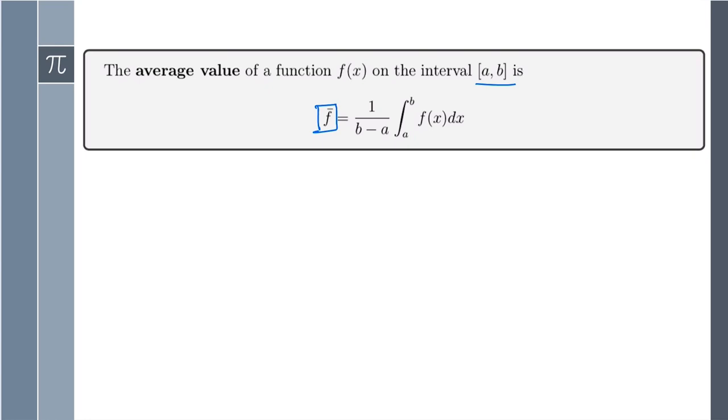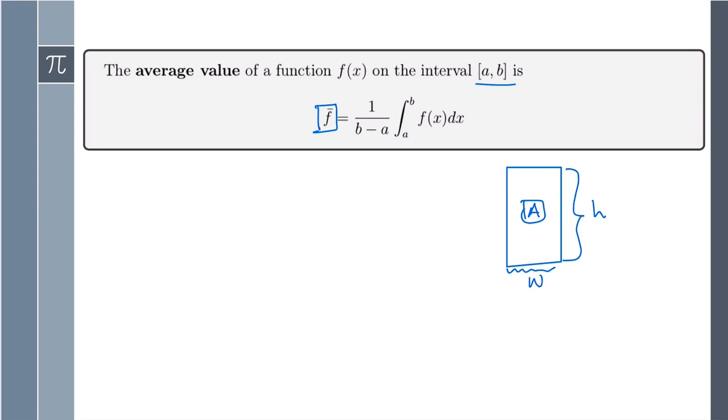Just to understand this, we can take a rectangle. I'm going to draw a rectangle here, and let's say A is the area of this rectangle, this is the height of the rectangle, which is h, and this is the width of the rectangle, which is w.